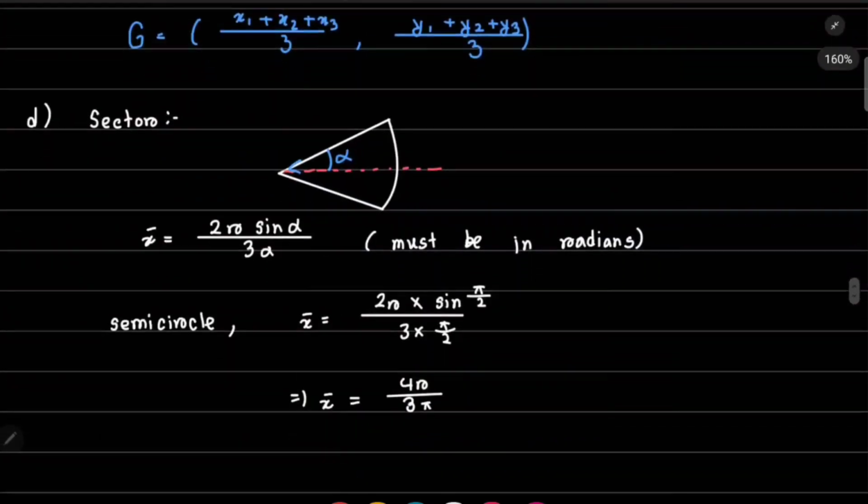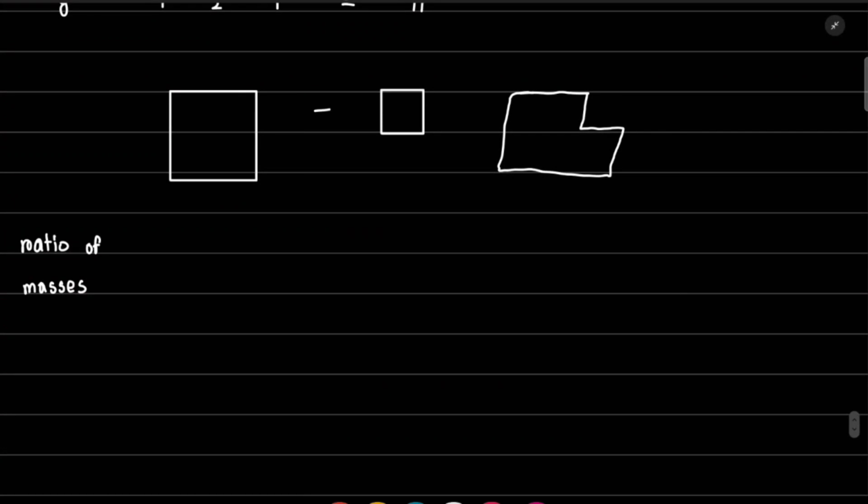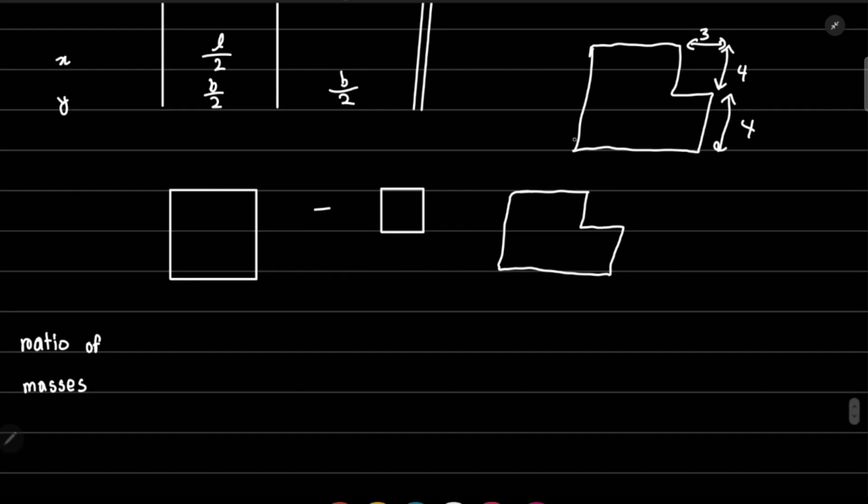However, now if we have a subtraction over here, we'll have to subtract that. So if we are given this shape, we are told that this is 3, this is 4, this is 4 again, and this is 6.